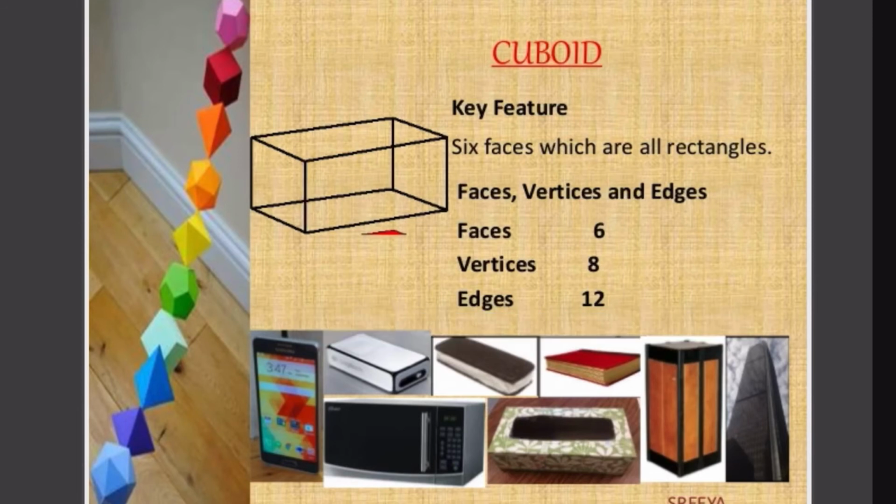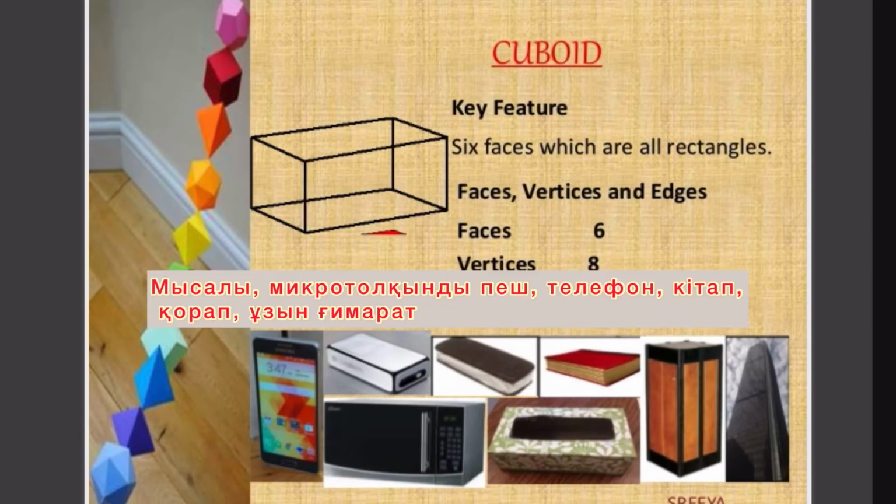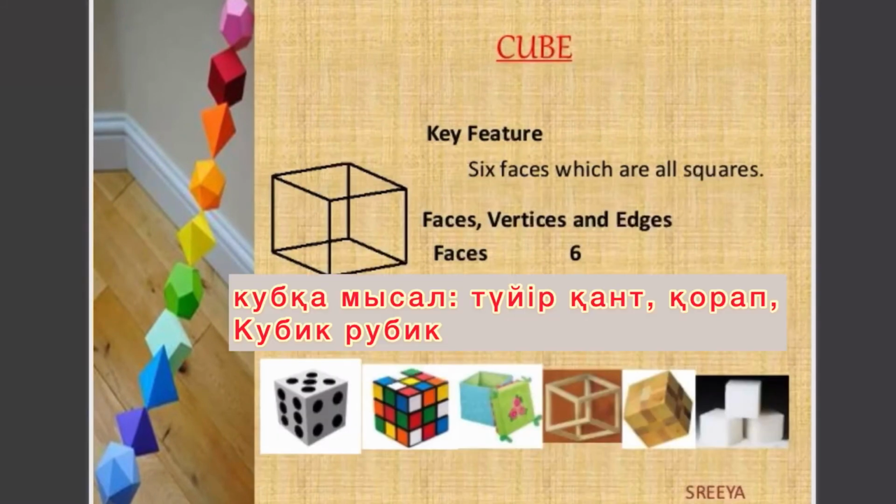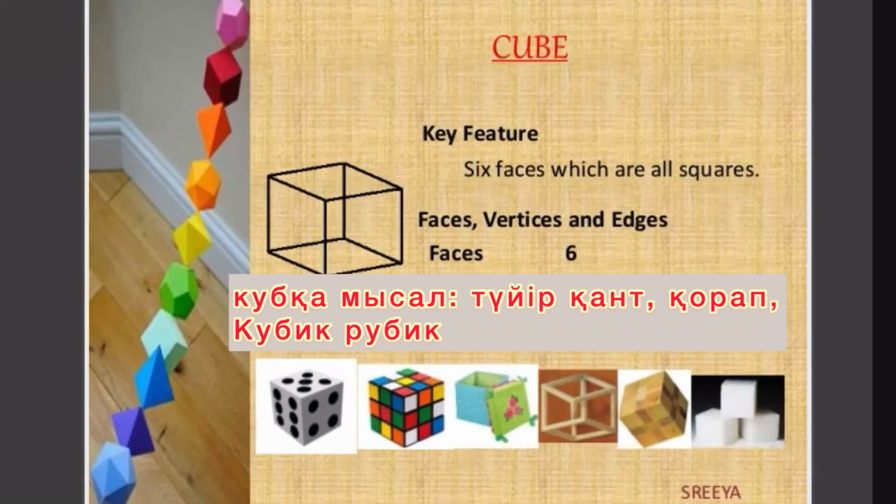Some examples from real life for cuboid are microwave, a cell phone, a book, a box, or a skyscraper. Let's give some example for cube as well from real life, like a sugar box to a Rubik's cube.